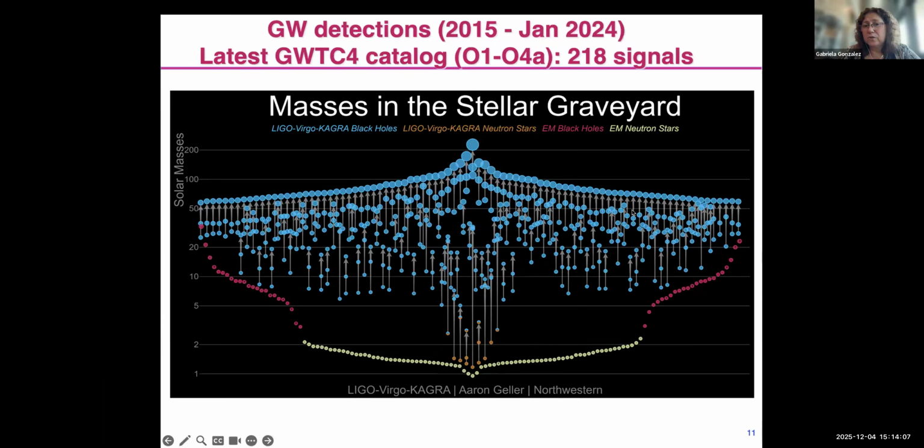So there are still more signals to come, but we already have more than 200, and if you count public alerts, more than 200. Sadly, we still only have 2 neutron star mergers. We have a few more neutron star black hole mergers, but that's so many black holes. There have been some articles calling it the black hole machine.